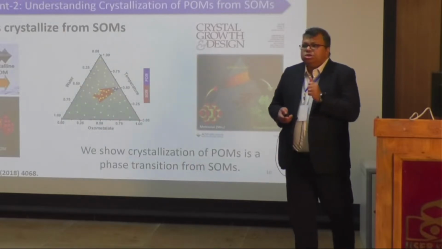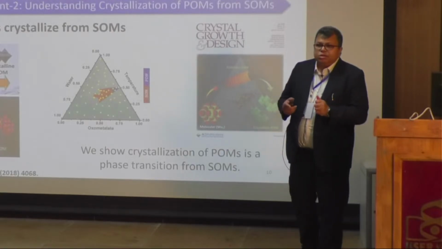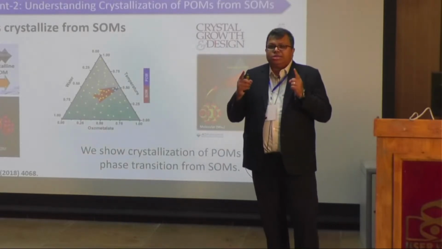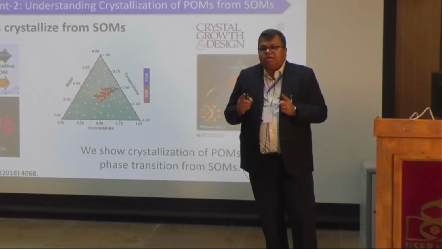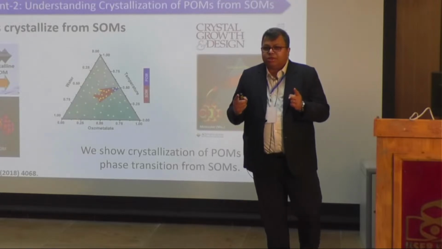Once you change the hydrogen ion concentration, you are setting in a metal oxo metal condensation. That you can understand, right? This is from your bachelor studies, you have perhaps studied it.